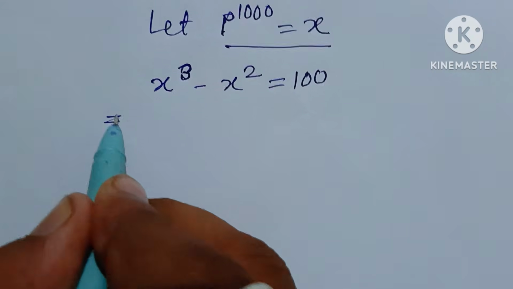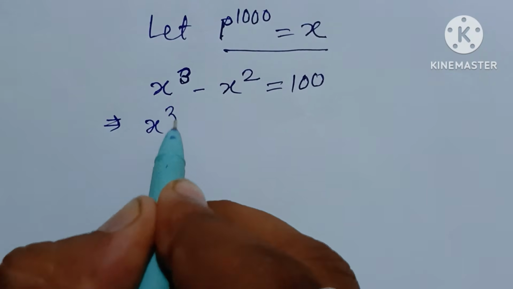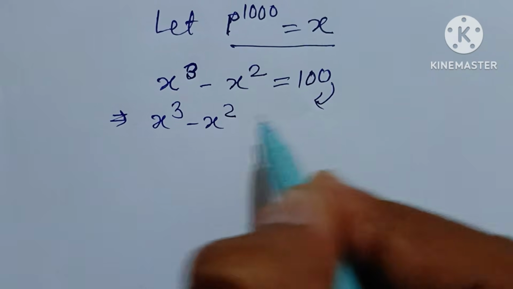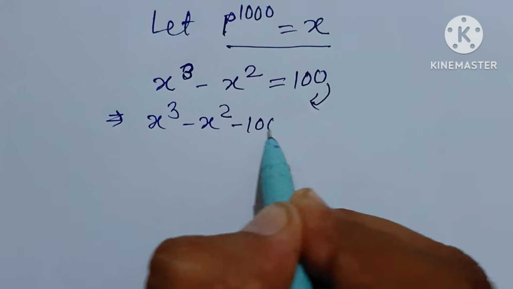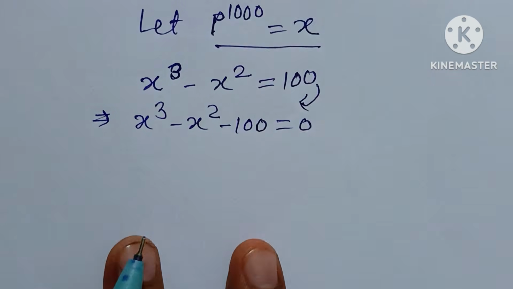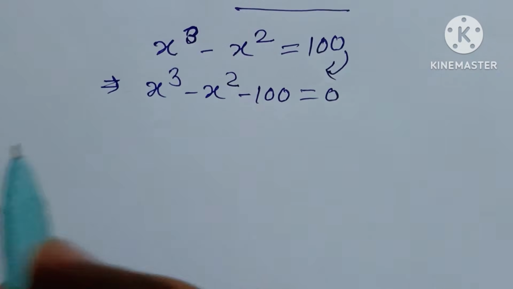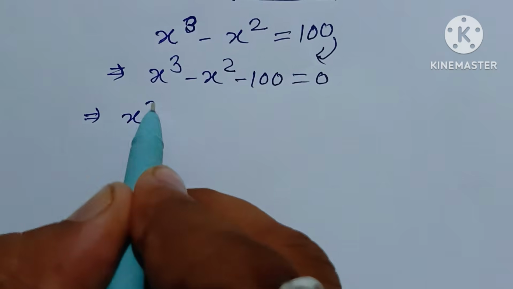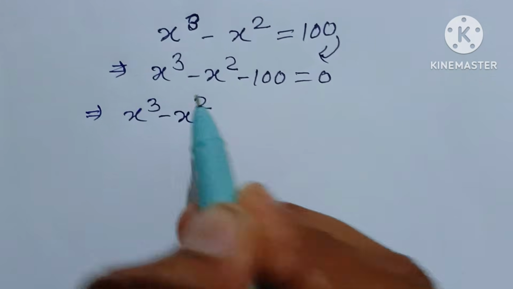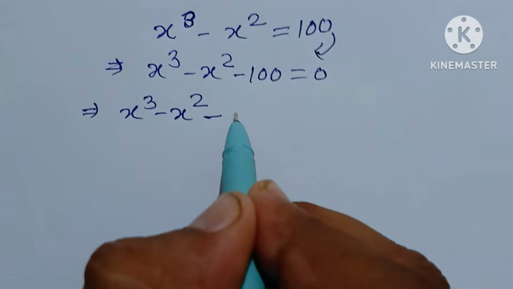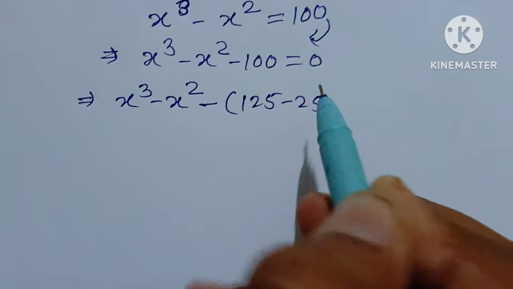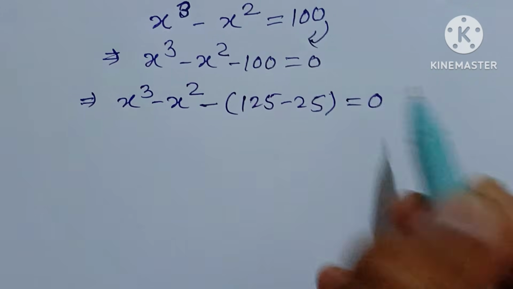Now x cube minus x square, we move this side, minus 100 equal to 0. Now x cube minus x square minus, how can we write 100? 125 minus 25 equal to 0.